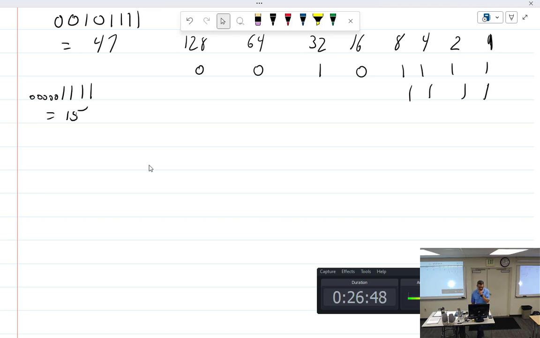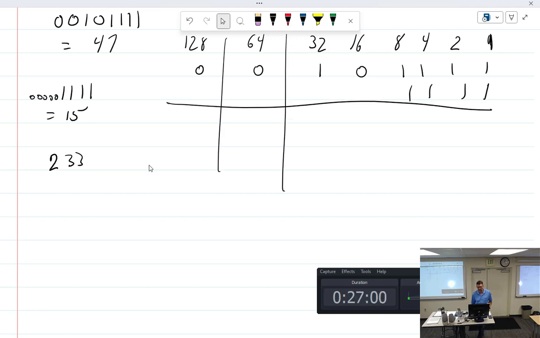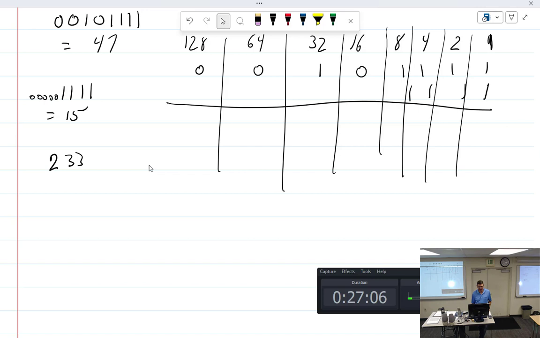Okay, what about converting back out? So what if we wanted to convert 233 to binary? Let's put a line right there and keep my chart here. All right, so we start at the beginning, and I say 233, does 128 go into 233? Yes, so we put it right there, so that's 1.